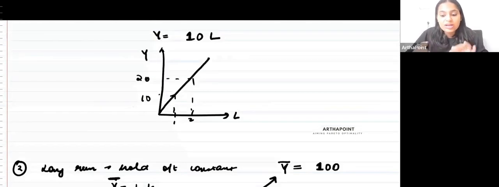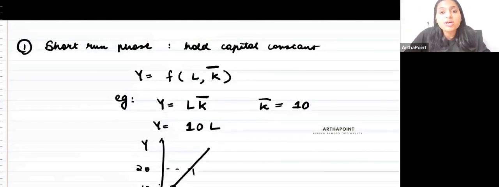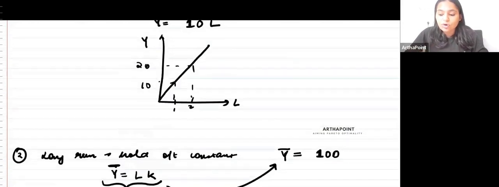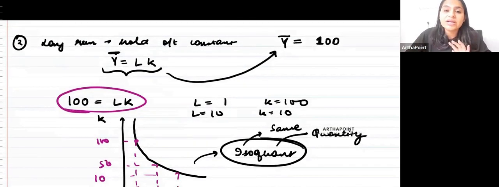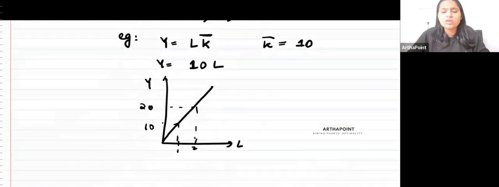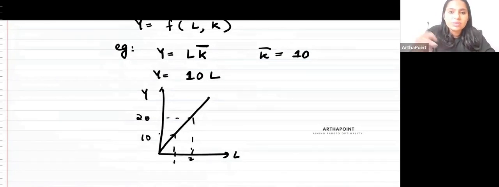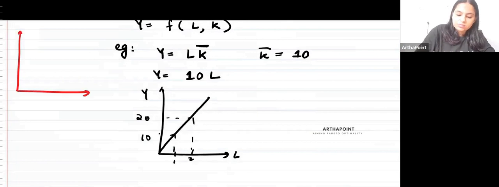So when I talk about a production function, I can only imagine drawing a production function in the short run. In the long run, if you ask me to draw a production function, it will be a 3D diagram. Mostly in your macroeconomics, when I do labor theory, you will always see me drawing something like this.